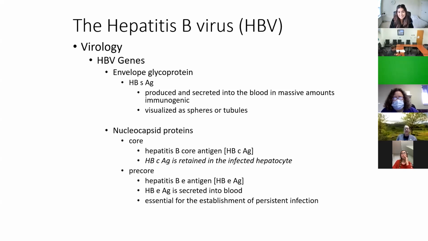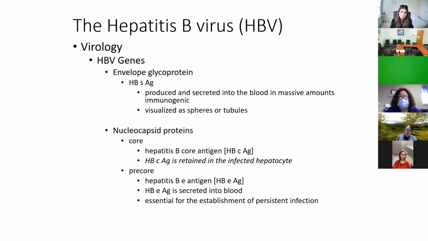But basically the precore gene codes for the E antigen. If you can remember that one fact, that will set you about 5 years more advanced than I was for the first 10 times I read about hepatitis B. So just remember, if you read the word precore, it's actually talking about the E antigen gene.